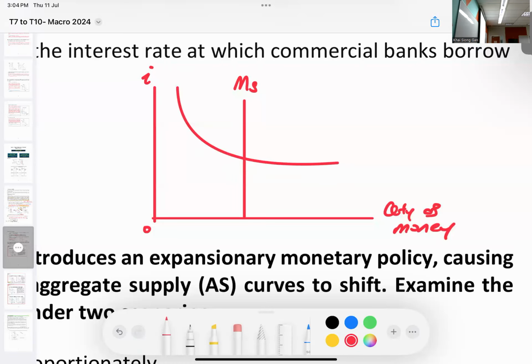The money demand curve is downward sloping, but like this. So in this scenario, here you are at point A, at this interest rate, at this quantity of money.